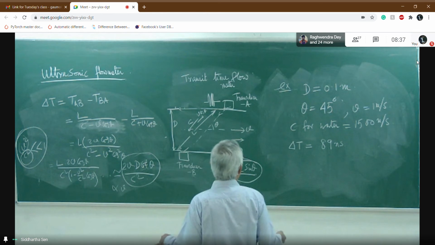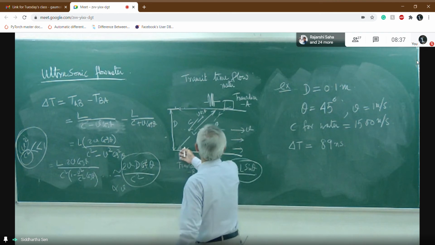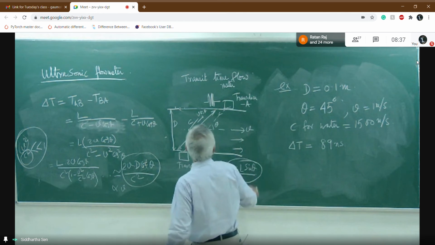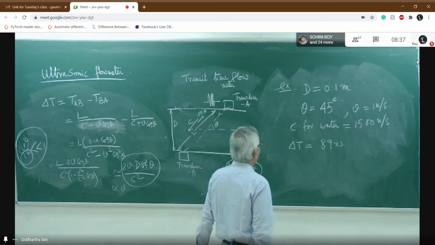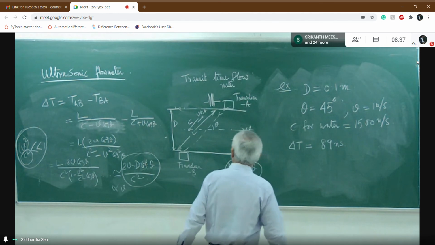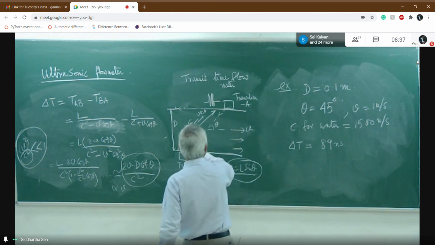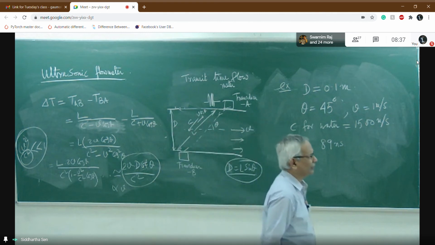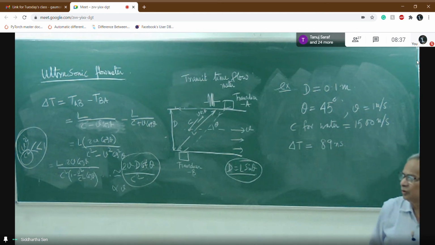Sometimes you can get a little bit more if we make the angle small and put the transducers a little bit away. But that is also not much of a difference, and the more it goes, the signal also attenuates, so we need to sense it with a higher sensitivity. There are pros and cons, but you can appreciate why they are so costly.